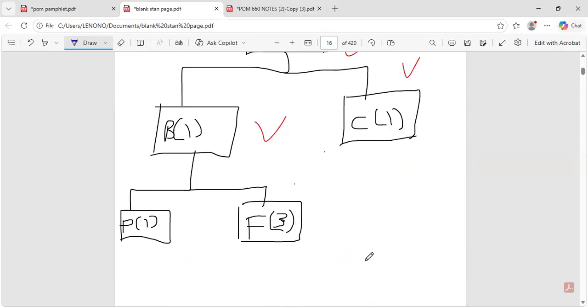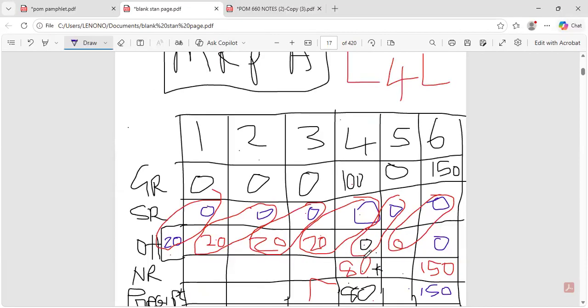MRP for B. So the releases of A are the gross requirements of what?